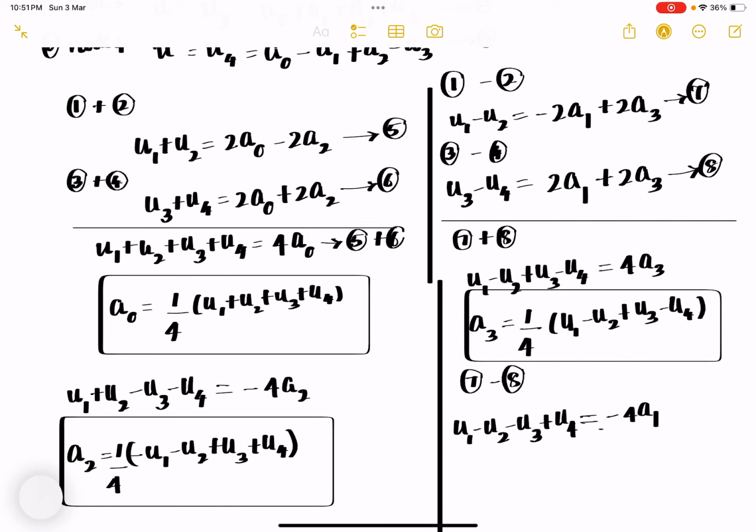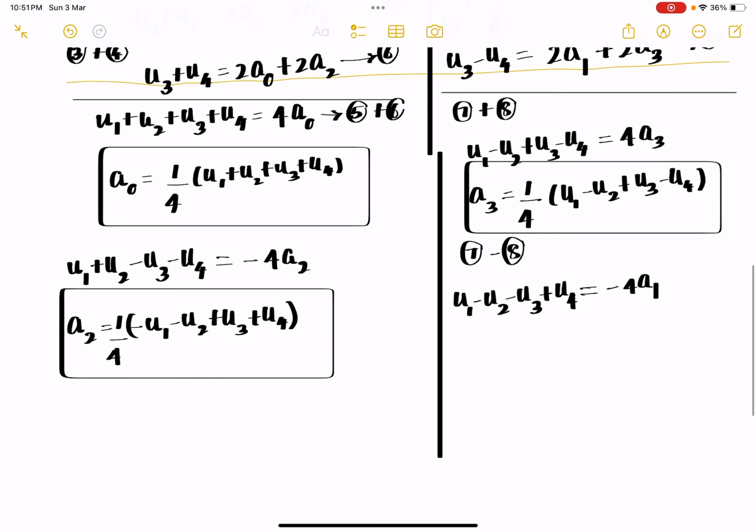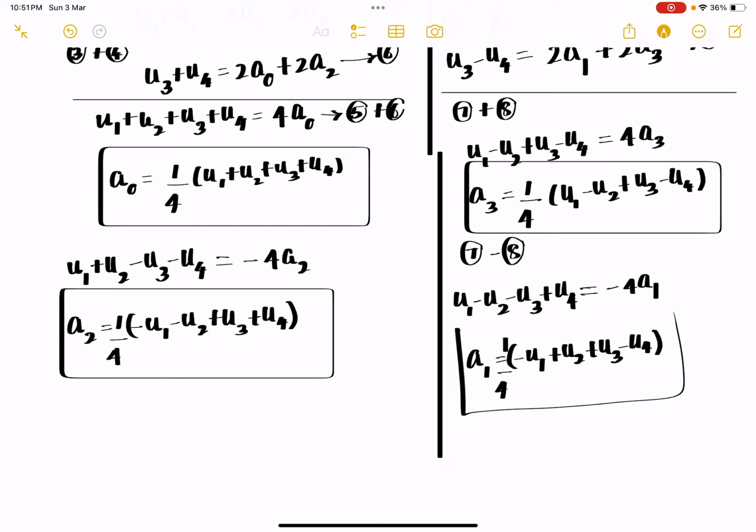So I can hit it by minus sign on both sides to get the value of A1. So A1 is equal to 1 by 4 into minus U1 plus U2 plus U3 minus U4. So that's the value of A1. So I got the value of A0, A1, A2 and A3.